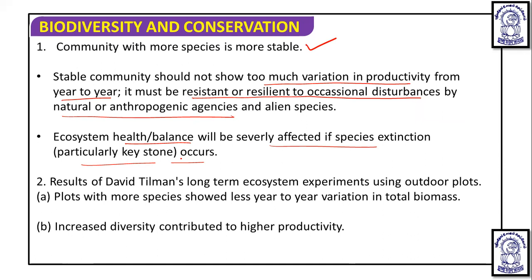So what exactly is the stability of a biological community? That can be explained by this particular thing. Apart from this, one scientist, David Tilman, also talked about this stability. He conducted a long-term ecosystem experiment using outdoor plots.